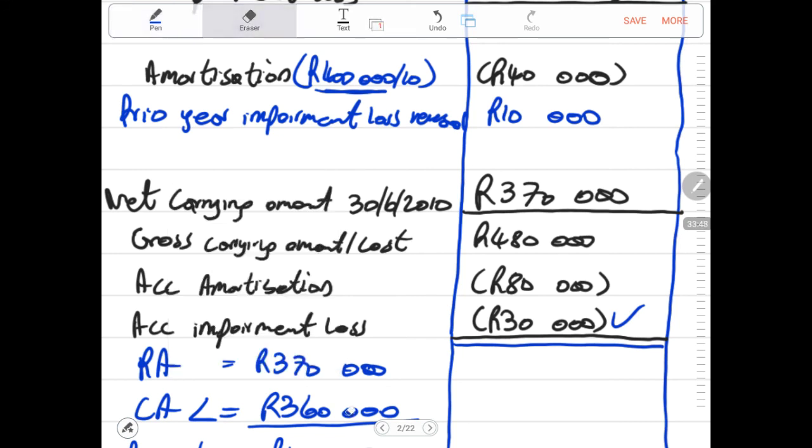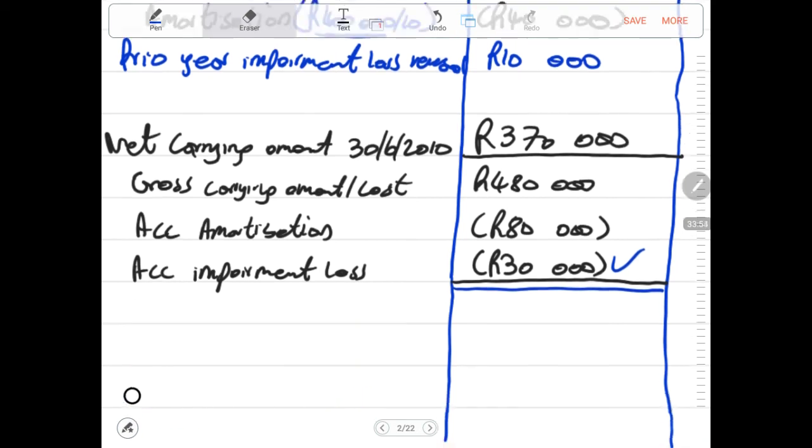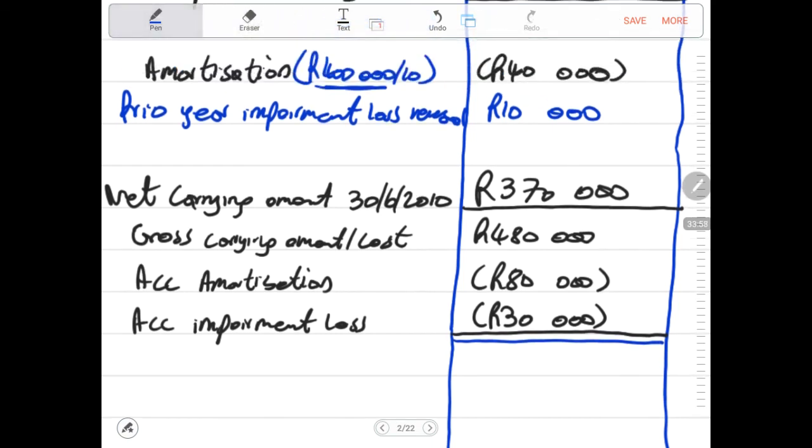So this is quite important to be mindful of. Very, very important, more especially how you calculate this amount, how you get to this amount. But if you start with this cost and the accumulated amortization, it is easy for you to get here.